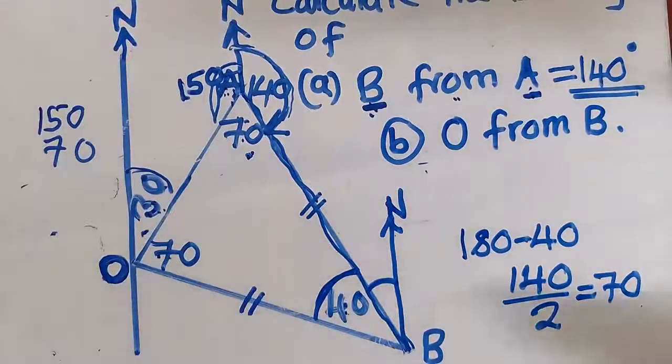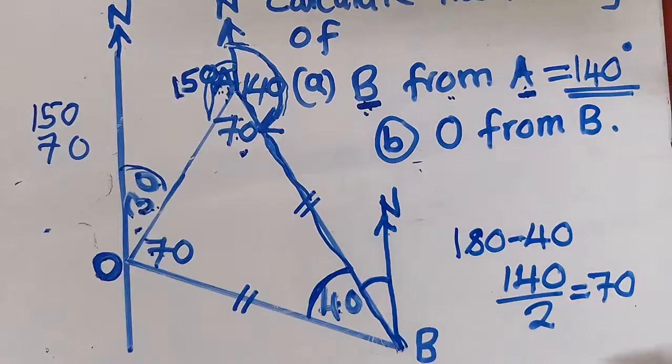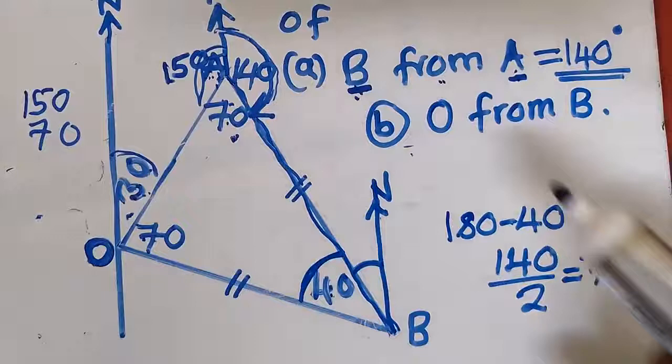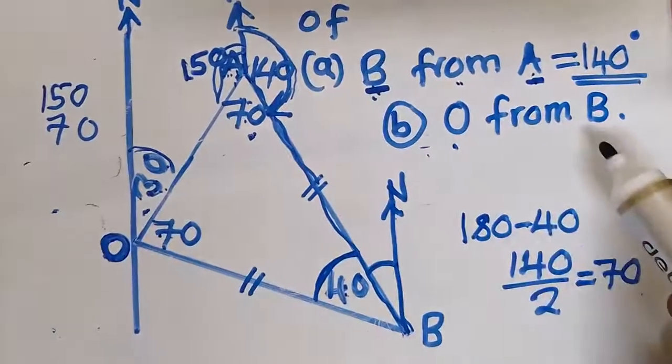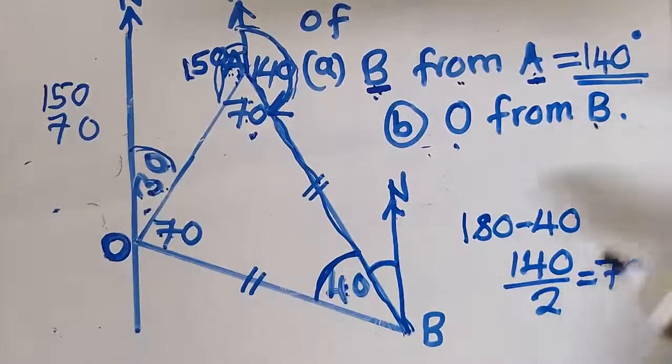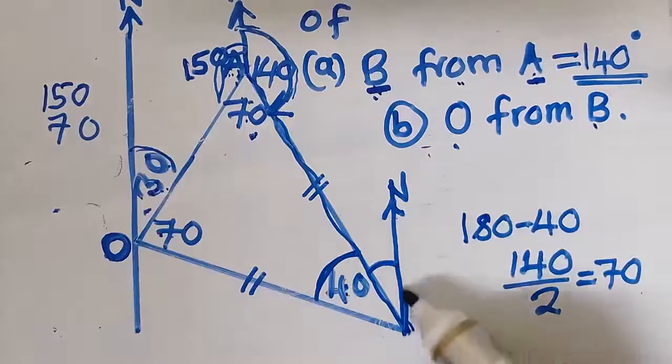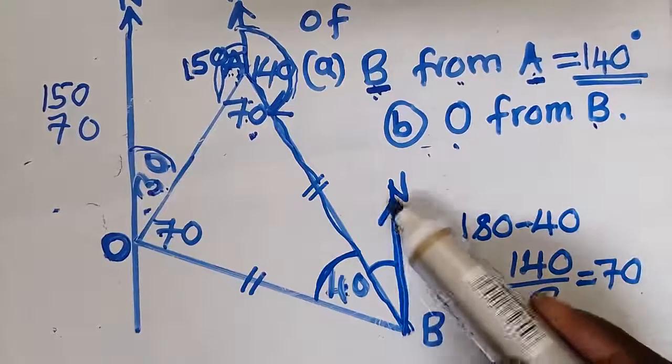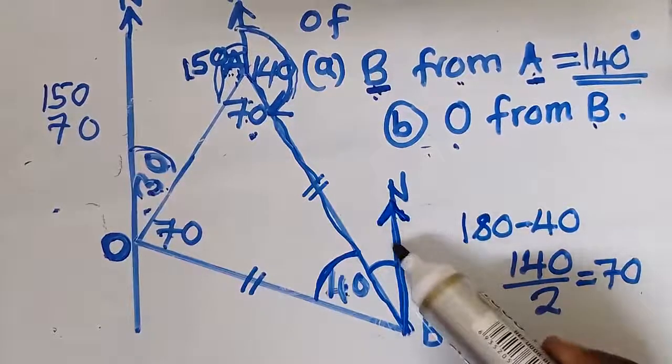So what am I told to find? I'm told to find the bearing of O from B. So where is B? B is here. We always start with the north. You check the north, so we are going to start here.